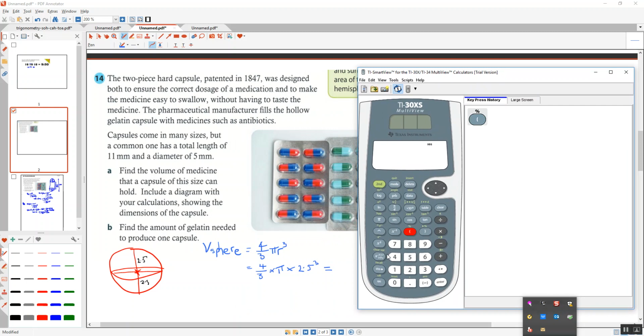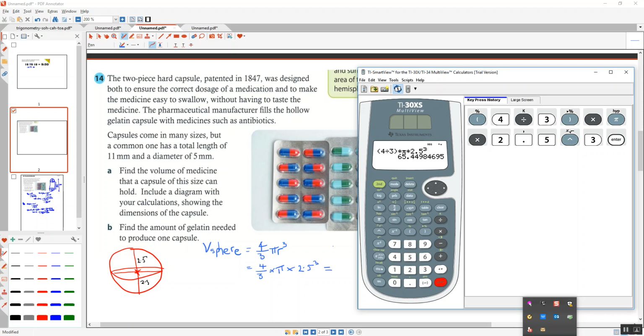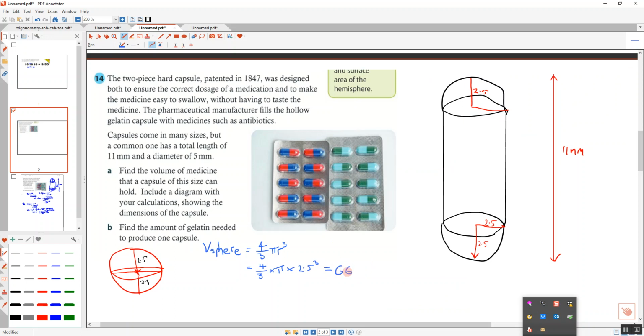So 4/3 in brackets, multiplied by pi, multiplied by 2.5 cubed, and to do cubed, I hit the little arrow hat and it puts in cubed. So I get 65.4498.